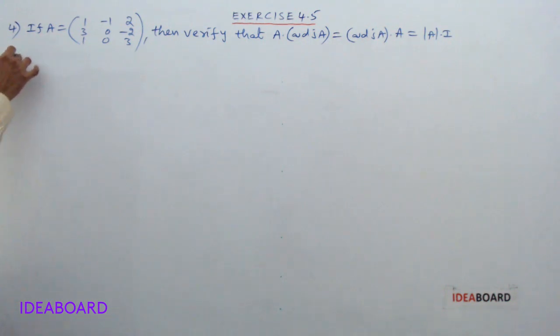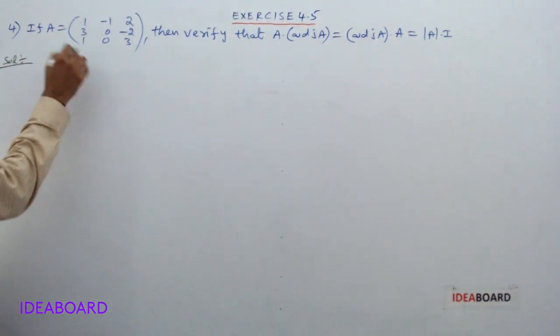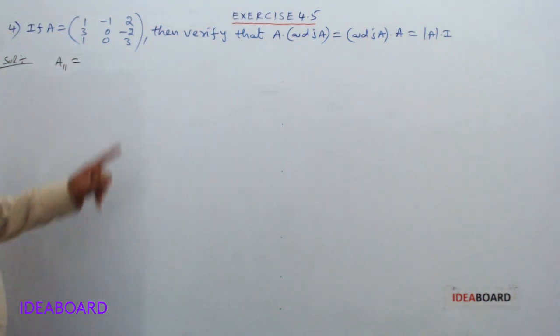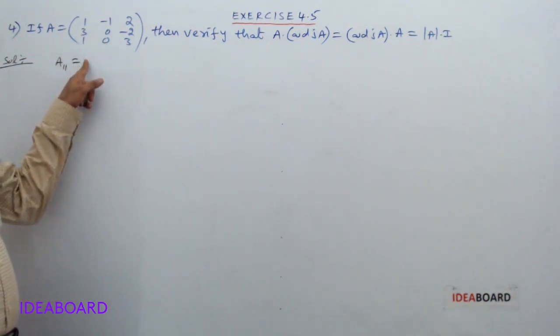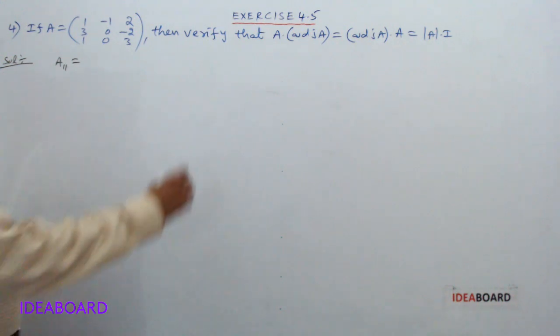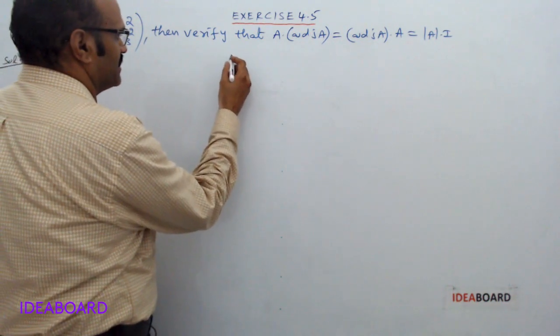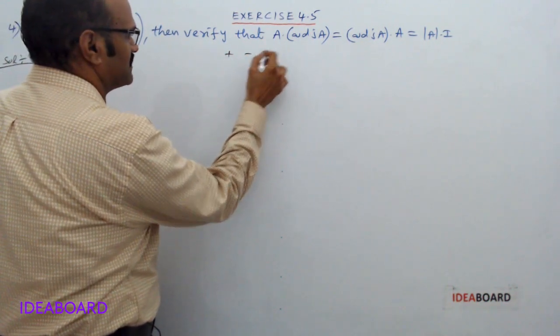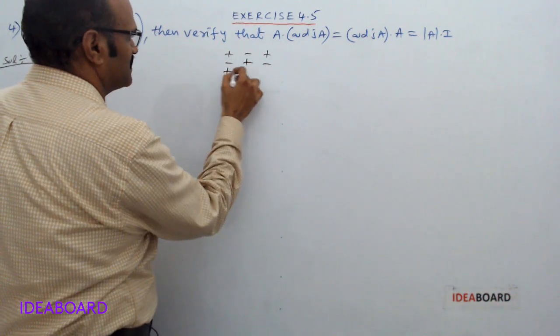Solution. First we have to find A11 equal to cofactor of 1. We know the signs plus minus plus minus plus minus plus minus plus.